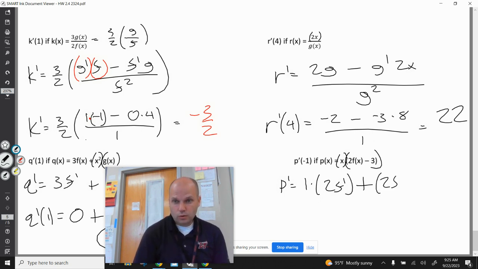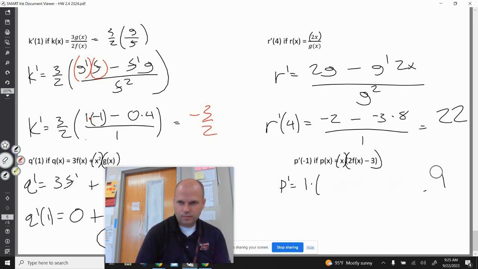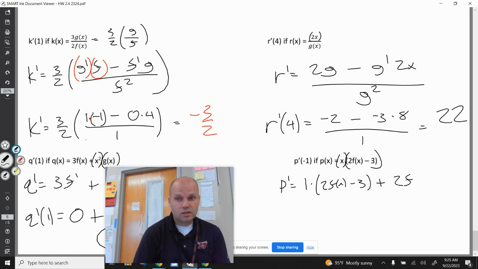Plus 2f minus 3 times the slope of x. First slope times the second. Oh, shoot. I am making so many mistakes here. First slope times the second. This is a product. Plus second slope times the first.